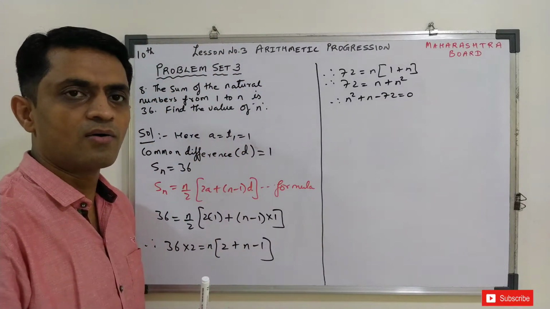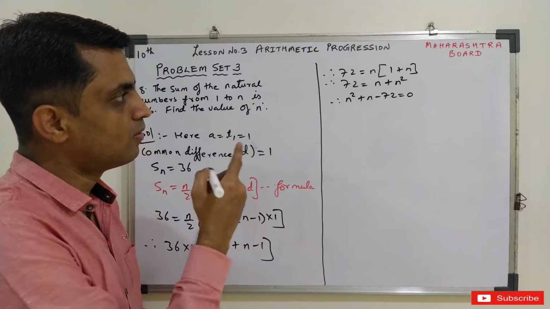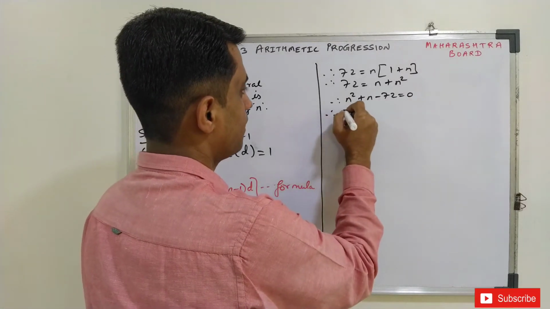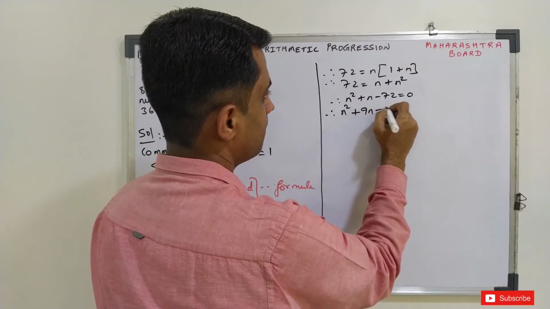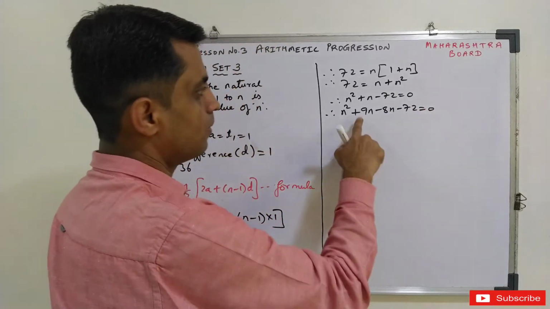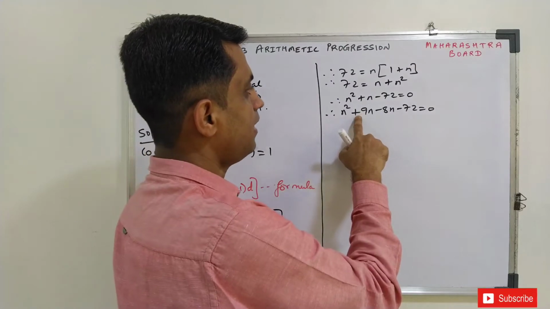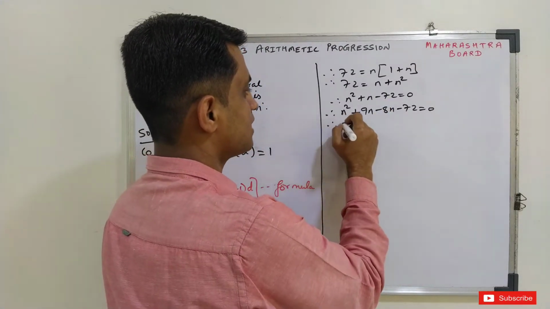So we got a quadratic equation, which is the second chapter. Now 8 nines are 72. So here n square plus 9n minus 8n minus 72 is equal to 0. Now 9 minus 8 is 1n, and 9 into minus 8 is minus 72. So both the conditions are satisfied.